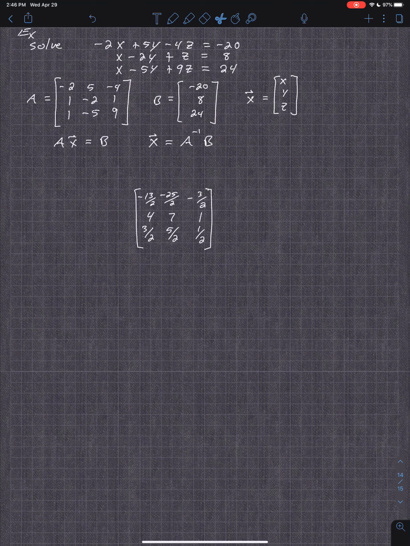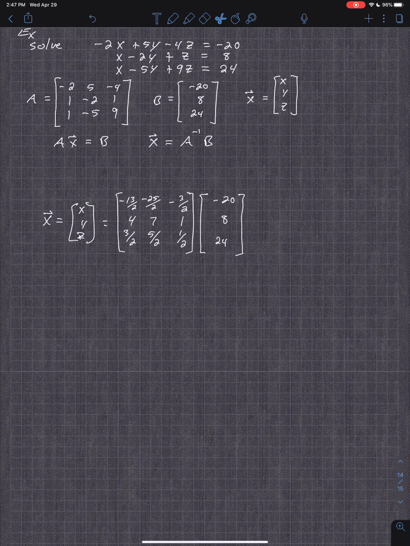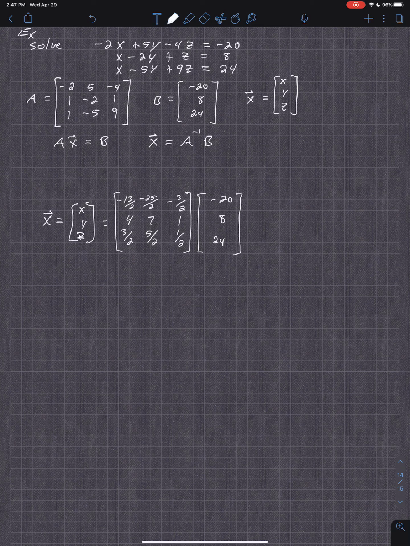So X, which is x, y, z, equals A inverse times negative 20, 8, and 24. Now it would take a little while to multiply that out by hand. But actually, everything is divisible by 2, so it's not as bad as it might look.